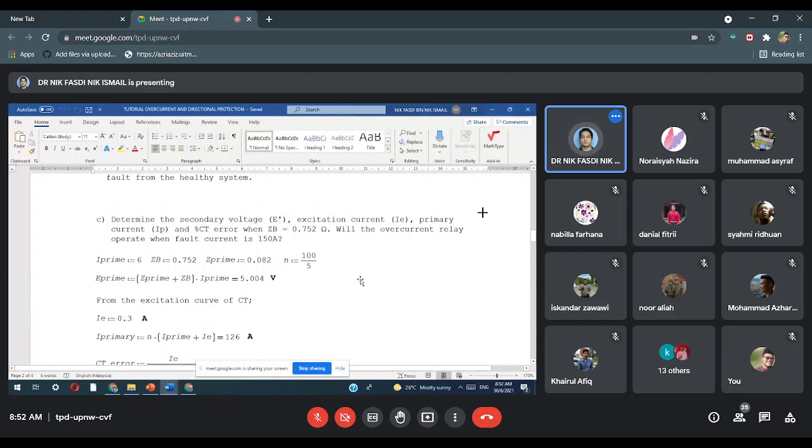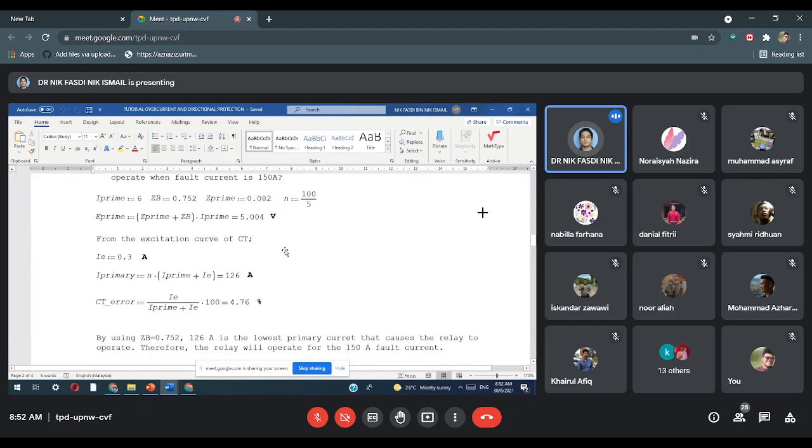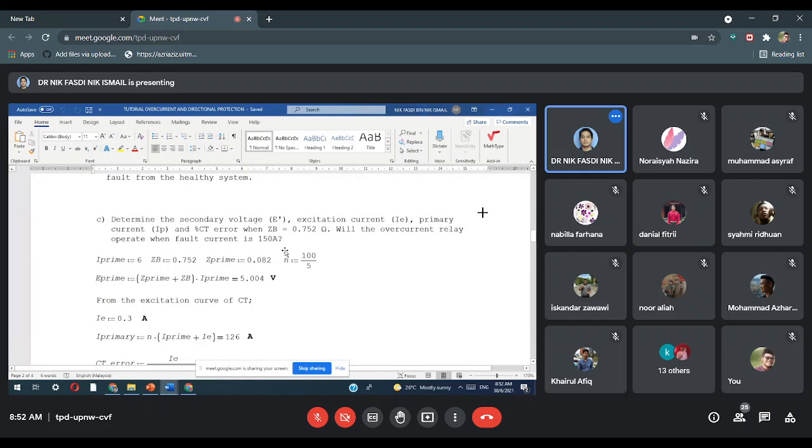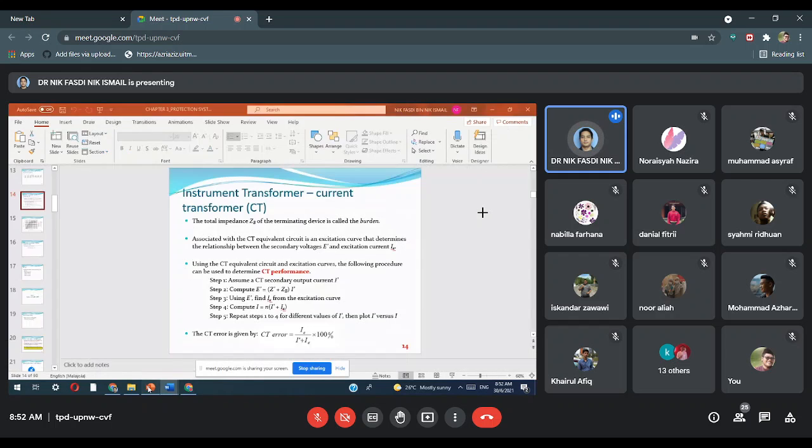The first step you nak kira ialah kita determine the secondary E prime. Back to the notes, E prime is Z prime plus ZB, I prime. This equation kita gunakan later on untuk kira E prime.